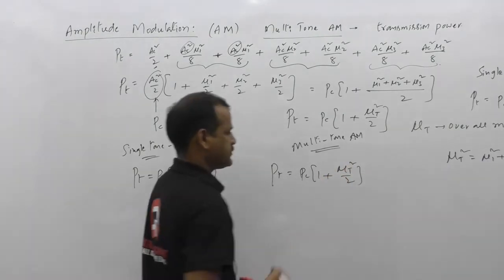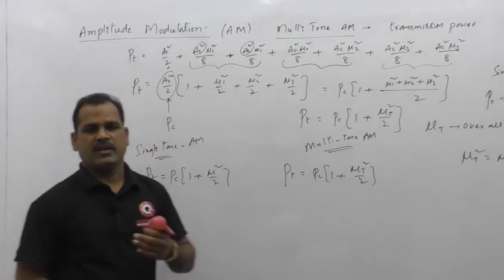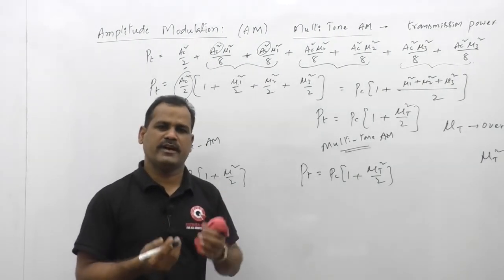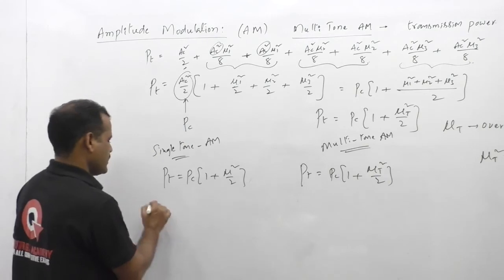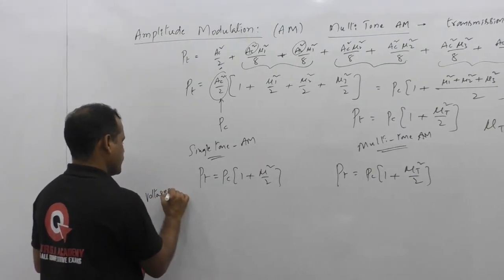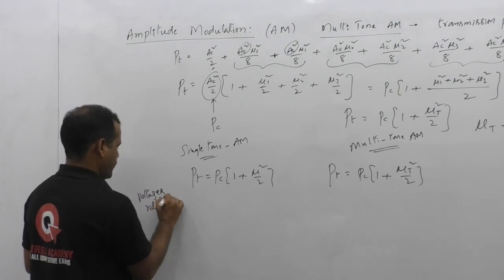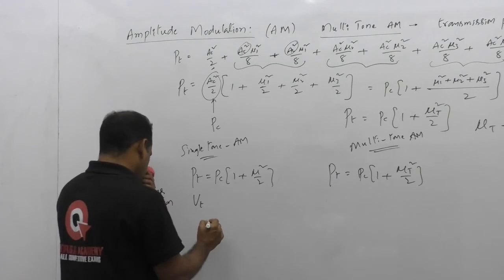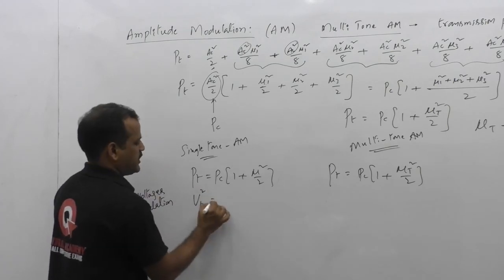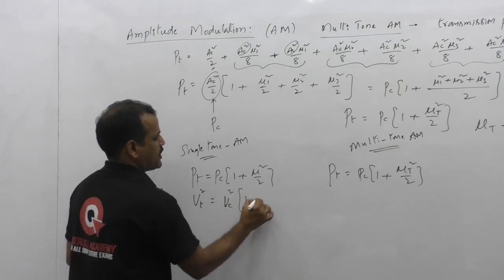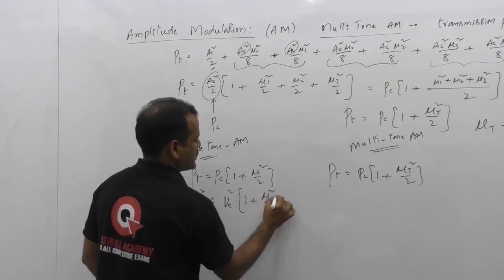square divided by 2. Now we know that power is directly proportional to the square of the voltage and power is directly proportional to the square of the current. So from that we can write the voltages relation from the power relation as total transmission voltage square is equal to carrier signal voltage square into 1 plus square of the modulation index divided by 2.